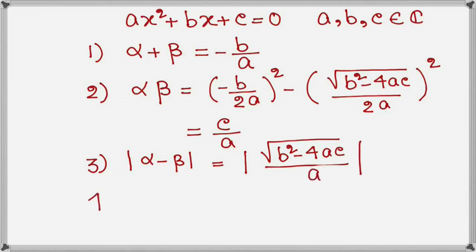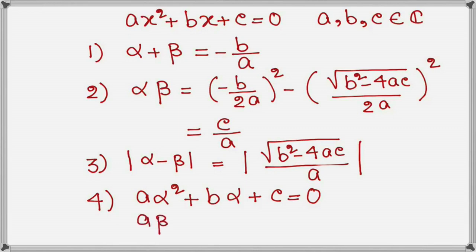And the last equality: a alpha square plus b alpha plus c is equal to 0, and a beta square plus b beta plus c is equal to 0. Now with all this, we start solving some problems on quadratic equations.